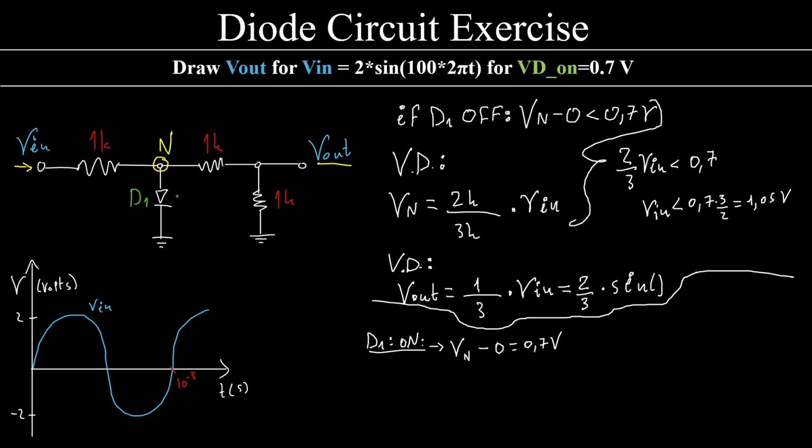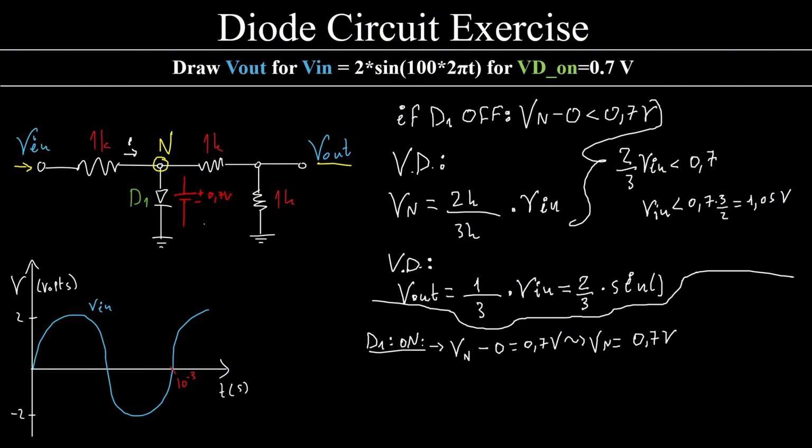We have a battery, a voltage source, with these polarities, of the value of 0.7 volts. So it's just like having a battery in our circuit over here with a constant voltage. Now this simply means that Vn will always be 0.7 volts.